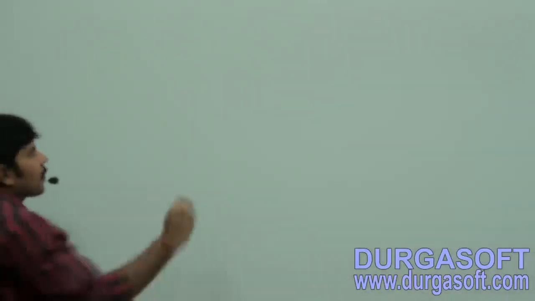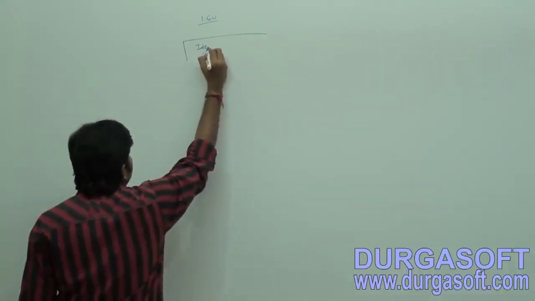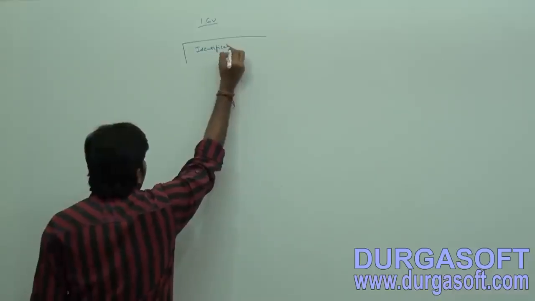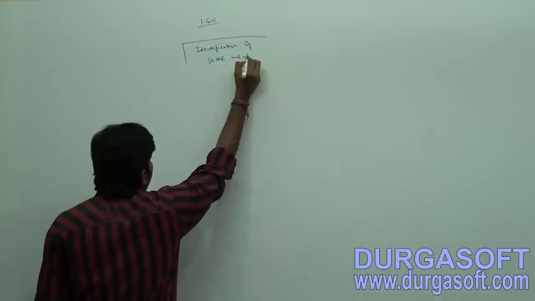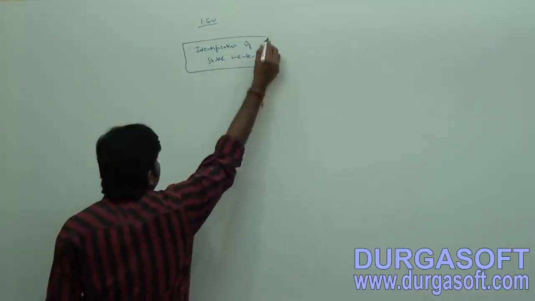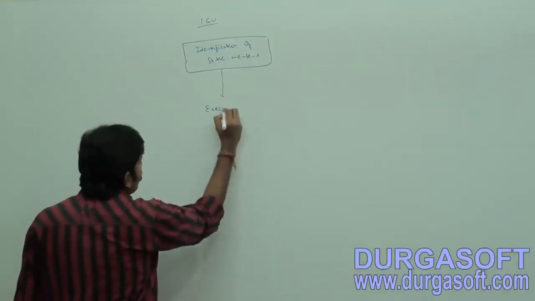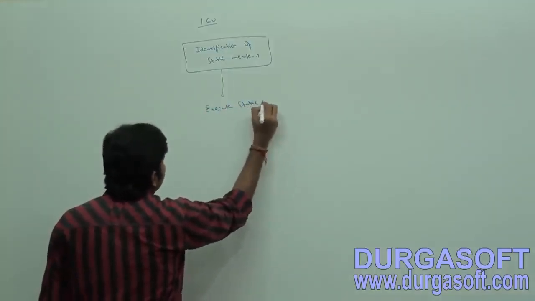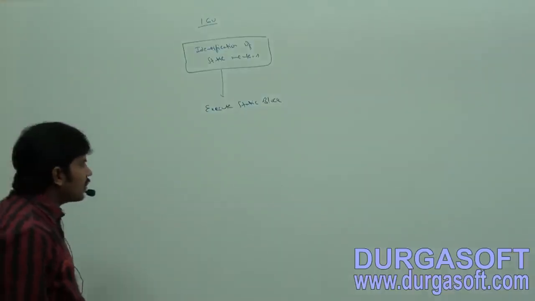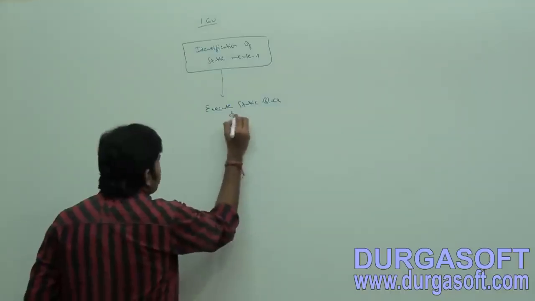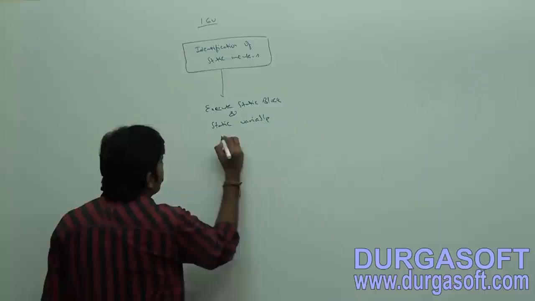First step: identification of static members. Next, execute static block, and then execute static variable assignments.